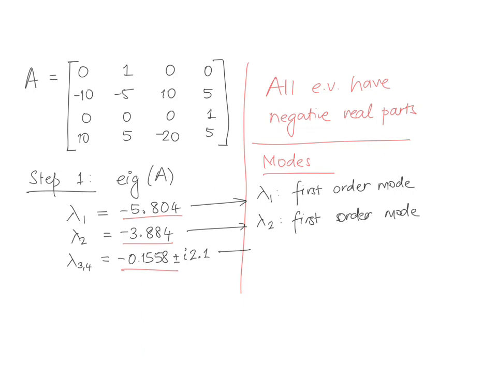And finally, lambda 3 and 4 together constitute a second order mode. Now that we have identified these modes, let's find the transient characteristics associated with each of these modes.